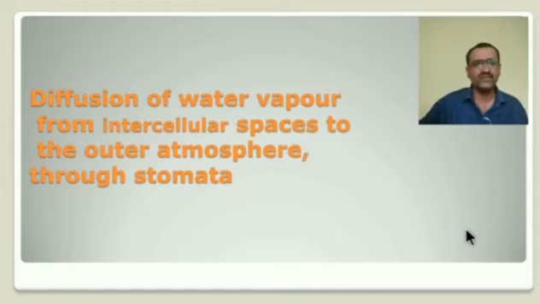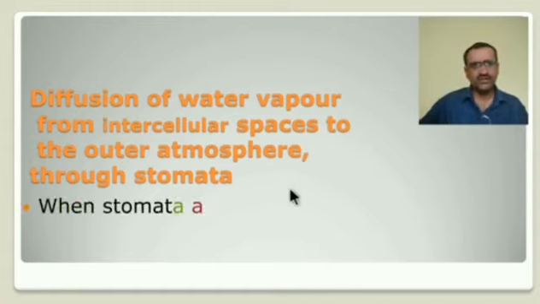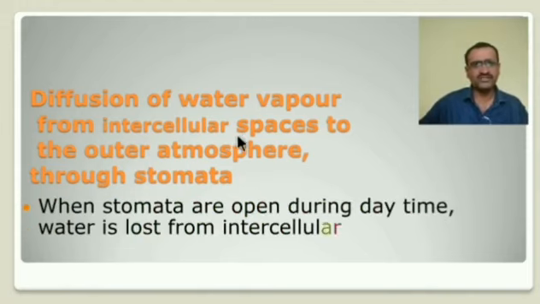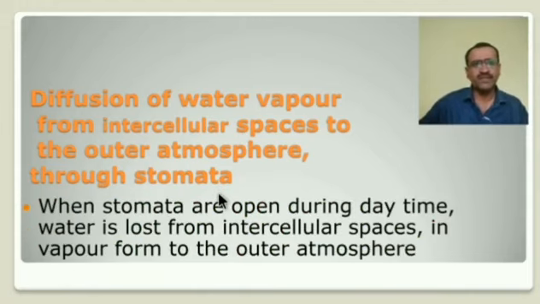As we said, the vaporized water comes into the intercellular spaces, and through the intercellular spaces it goes toward the stomata. When the stomata is open, that vaporized water comes into the atmosphere.